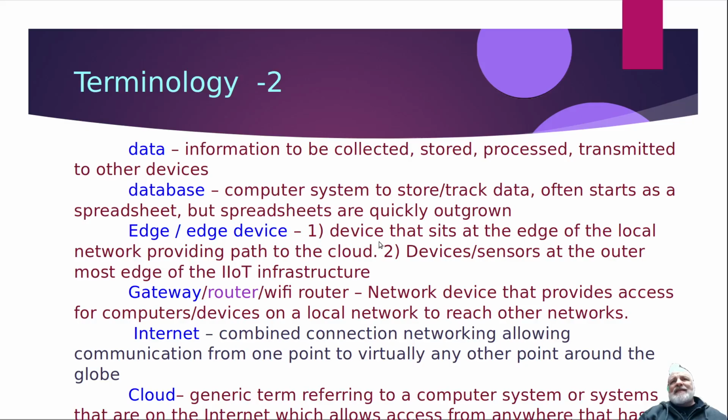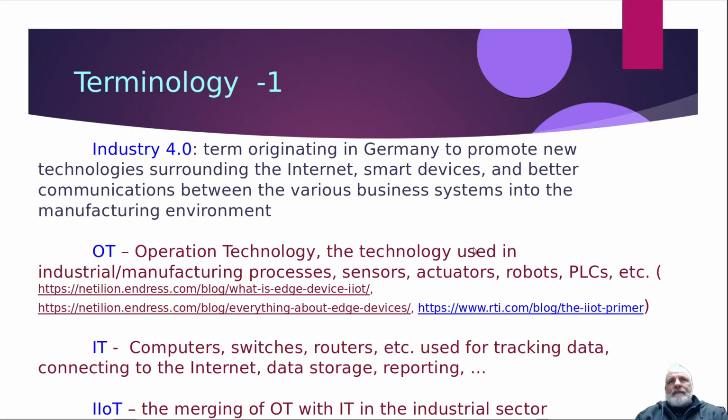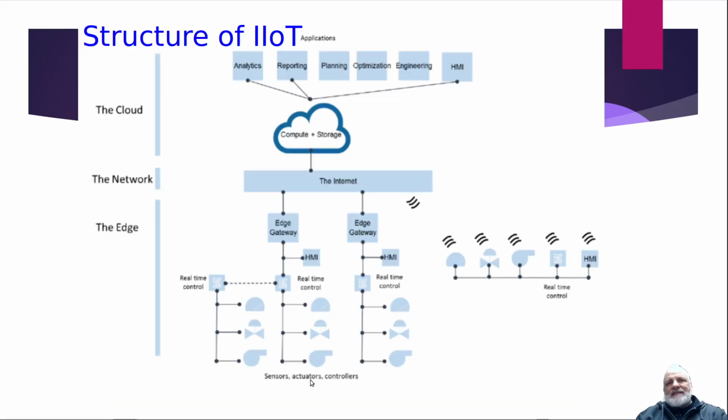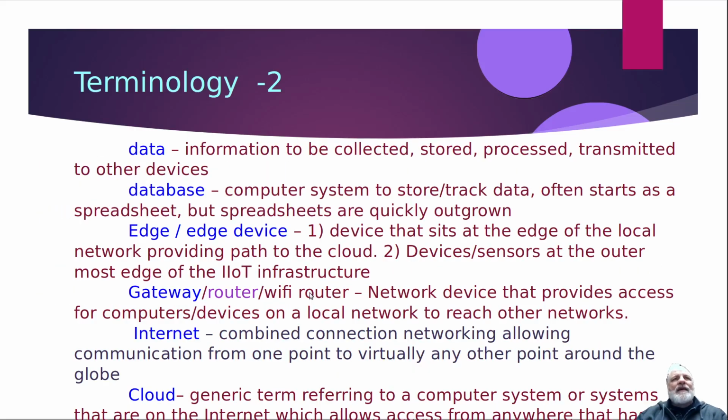Now the edge device can sit in one of two areas. On the one hand, sometimes we refer to the edge devices as the ones down here like the sensors and the actuators. Or we talk about the device that's between our manufacturing plant and the cloud.